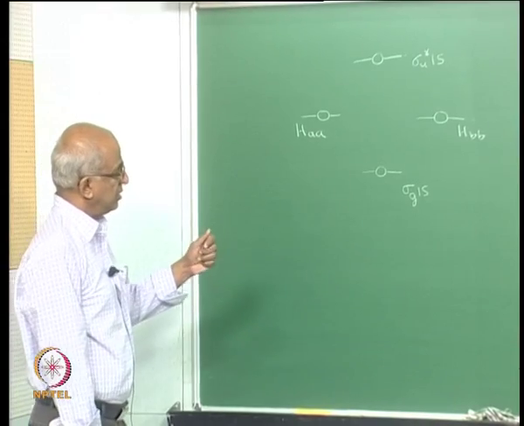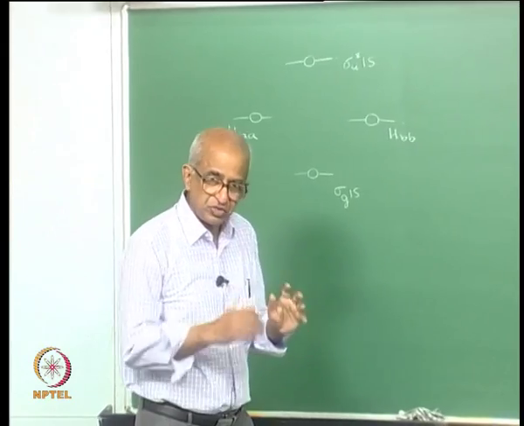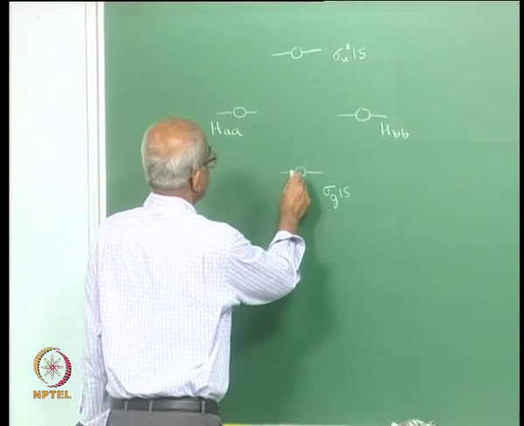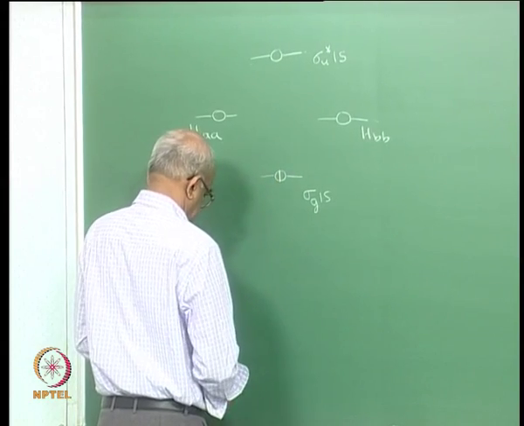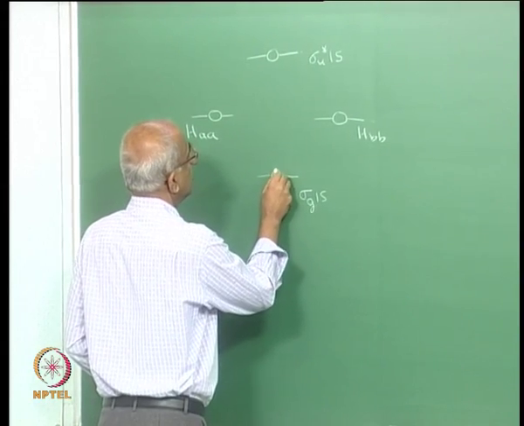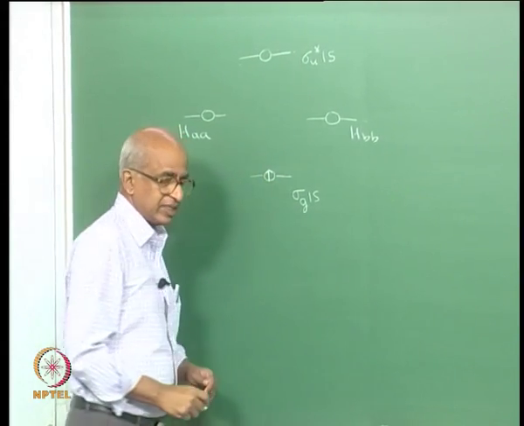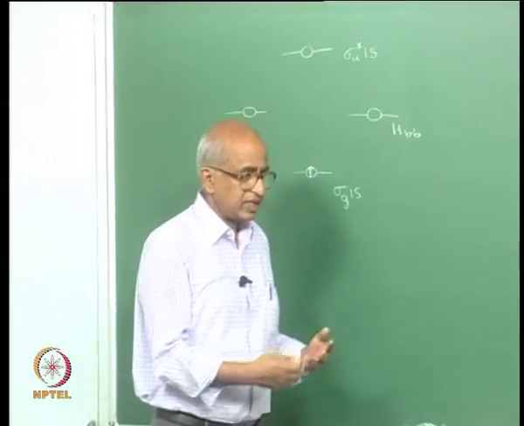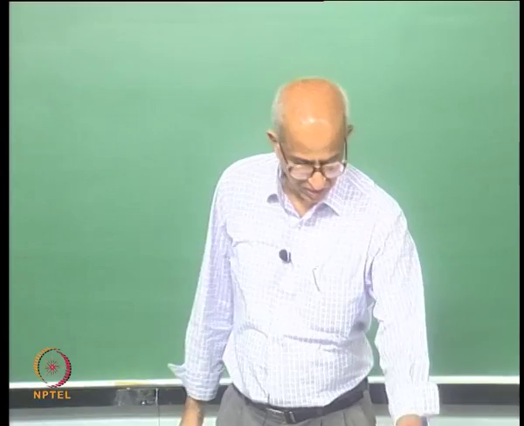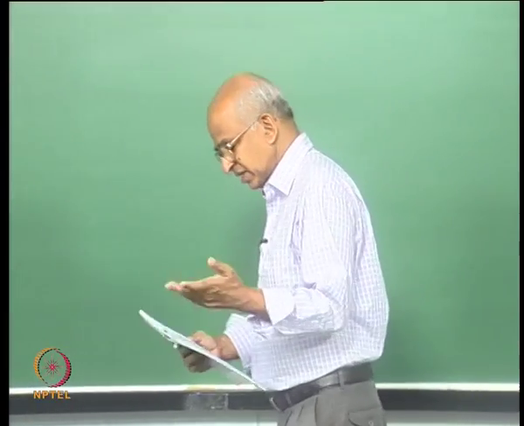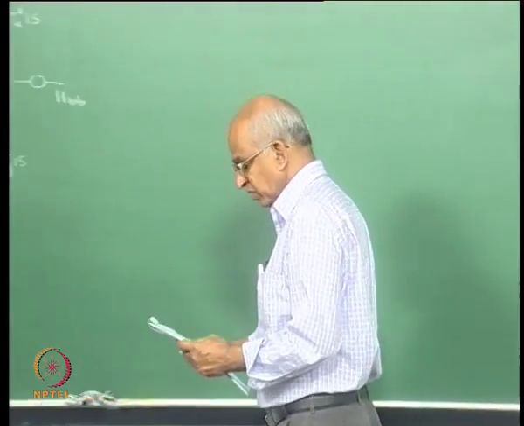And in the case of H2 plus, what happens is that you have just one electron sitting here. Just one electron sitting there, and you can actually calculate the bond energy or energy that is needed to dissociate the molecule.